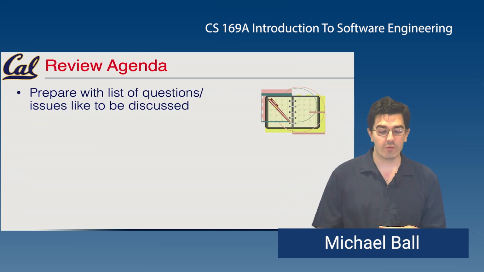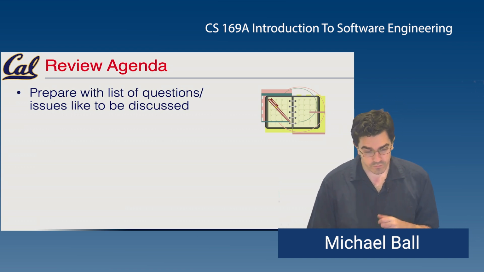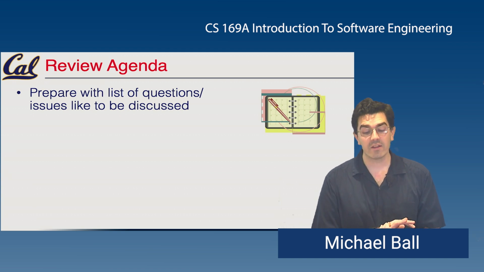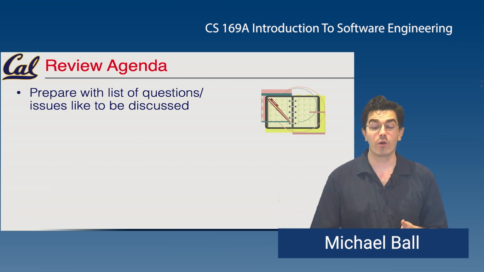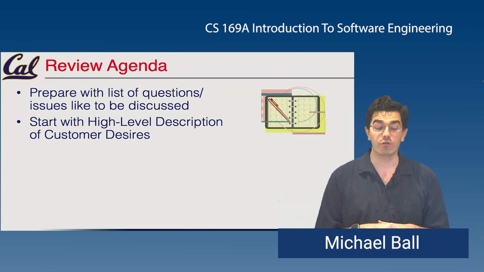Regardless of whether we're going to review code or designs, it's important that we have an agenda, how we proceed with the meeting. And it's useful to have a list of questions that should be discussed that are topical to the actual feature.